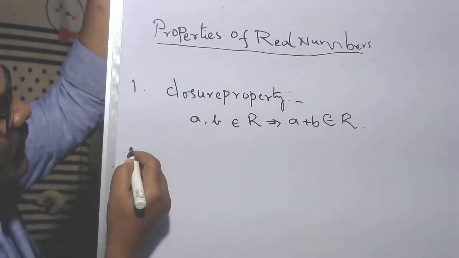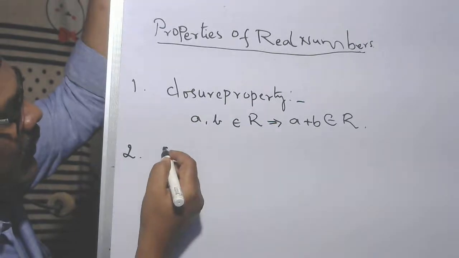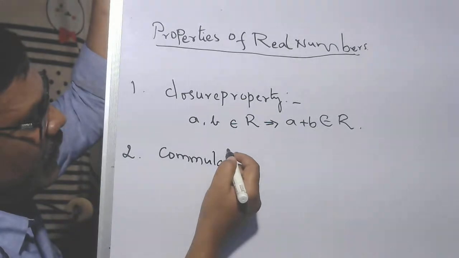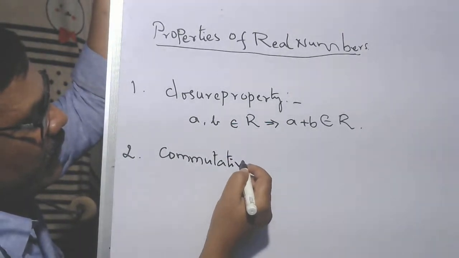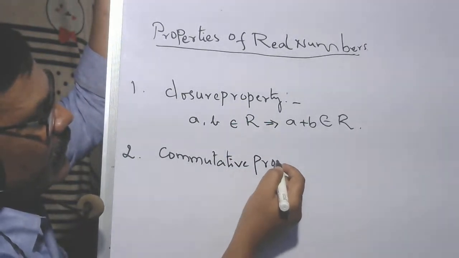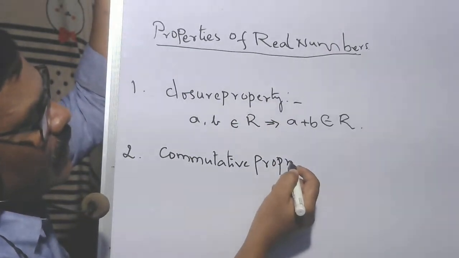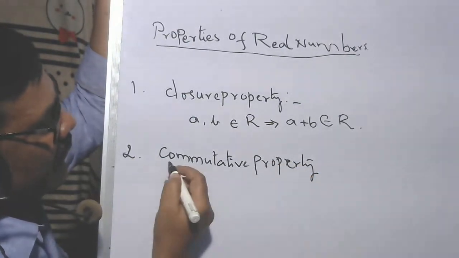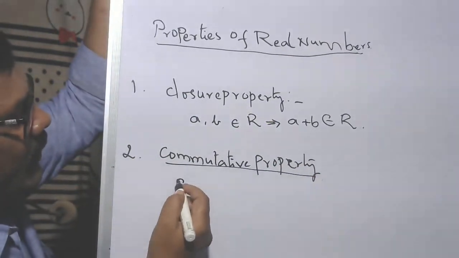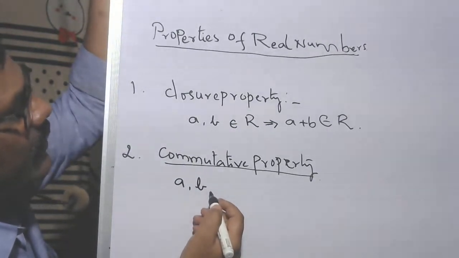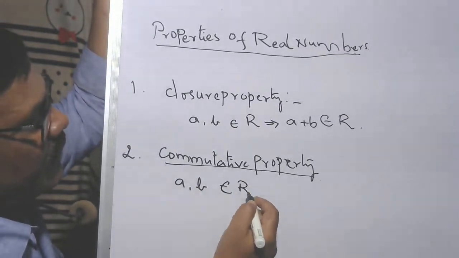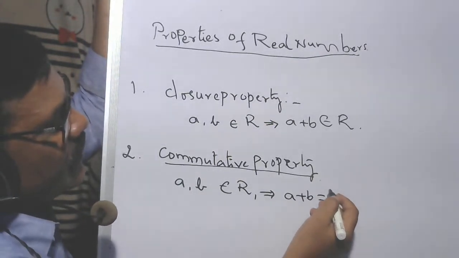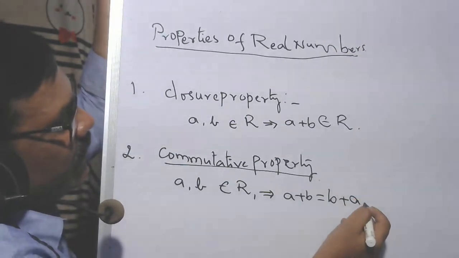Next, number 2, commutative property. Here a, b belong to real numbers. From this we can say a plus b is equal to b plus a.